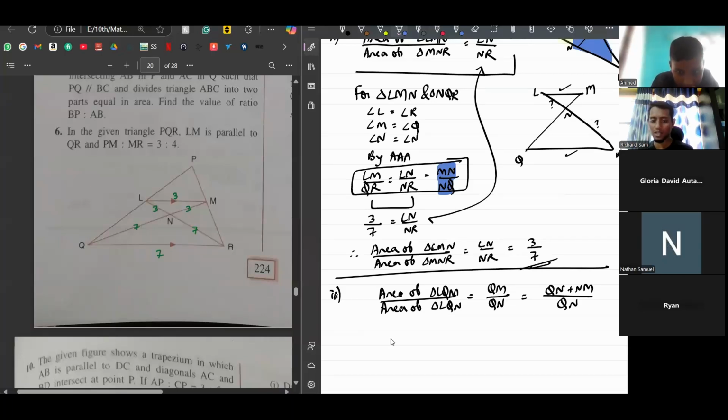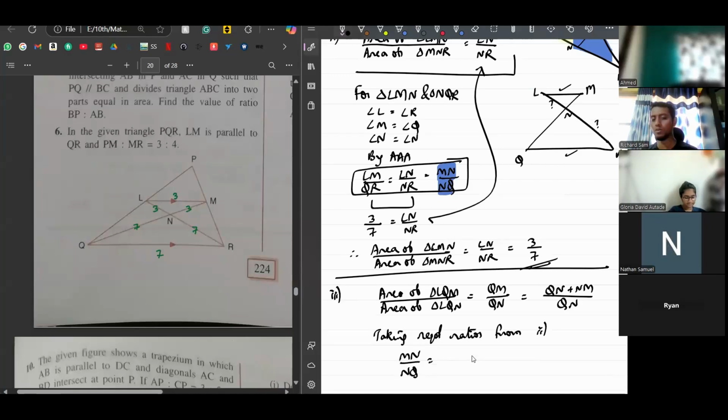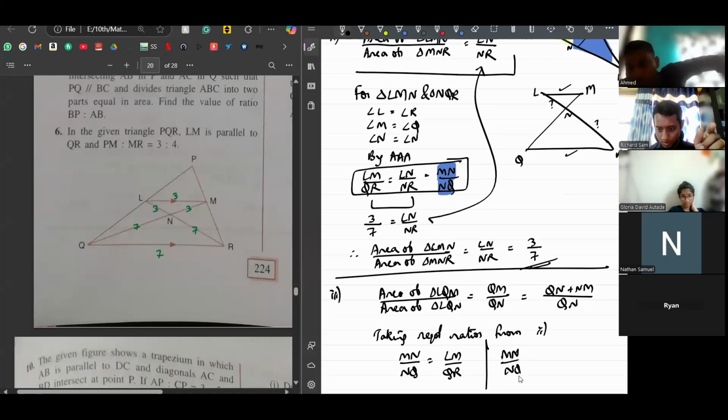So we can just say: taking required ratios from the second part, from 2. MN upon NQ is equal to any one of them. We have LM upon QR, no? So we'll write LM upon QR. So you write that MN upon NQ is equal to 3 upon 7. That's it. And then you can put these values in that.